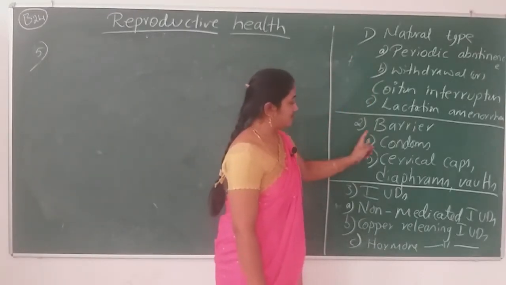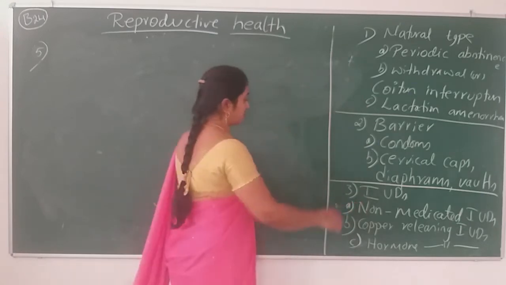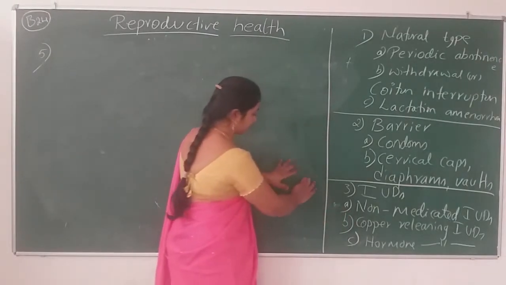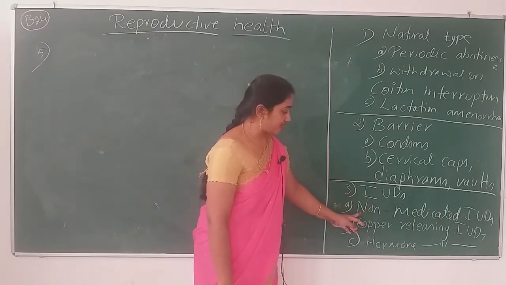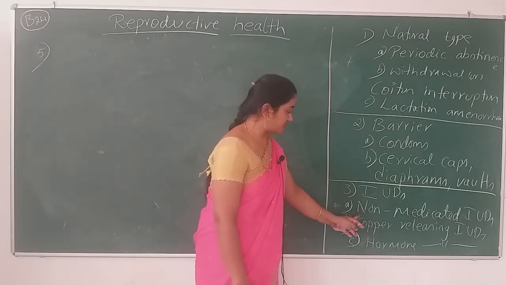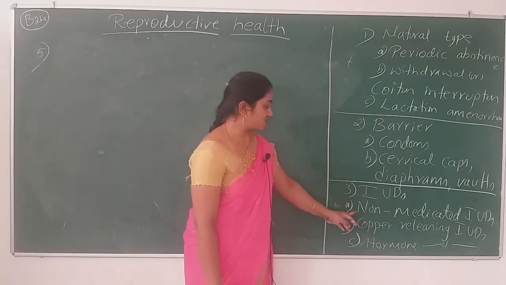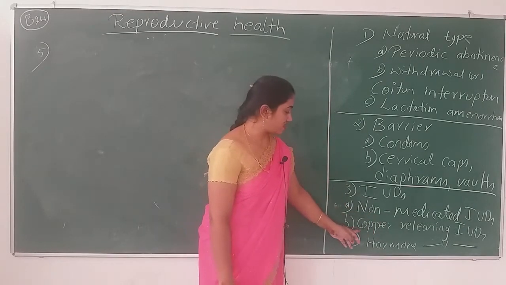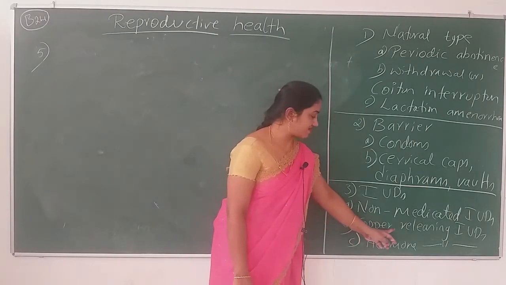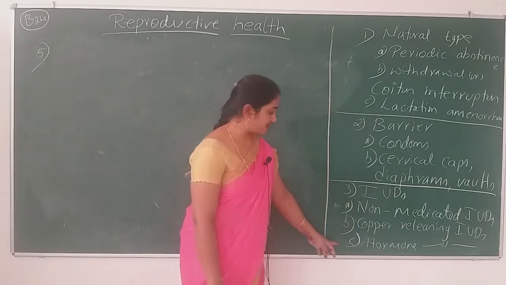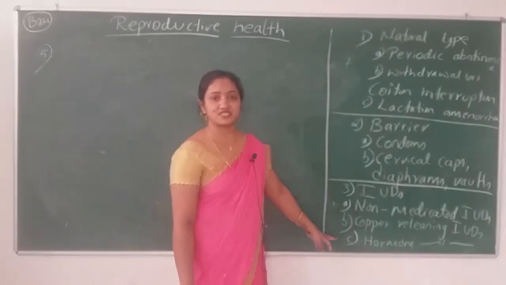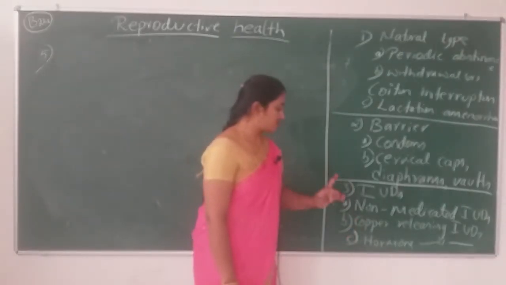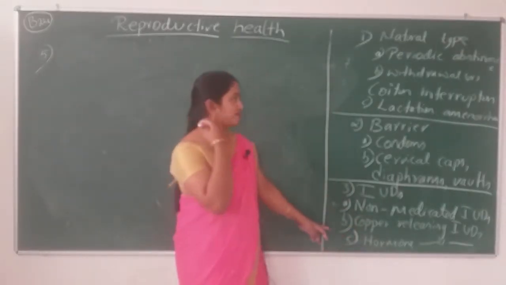Okay, natural, barrier, IUDs. In the IUDs, I just erased the IUD examples. You have to write, beneath the non-medicated, Lippes loop and copper T, copper 7, multi-load 375. Coming to the hormone-releasing IUDs, progesterone and LNG 20.